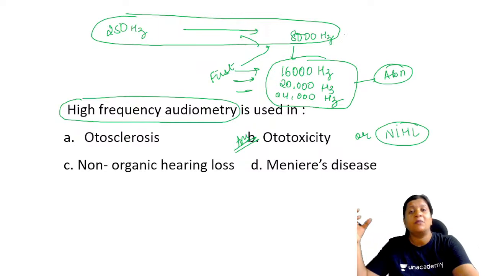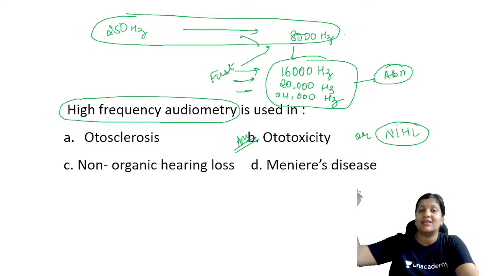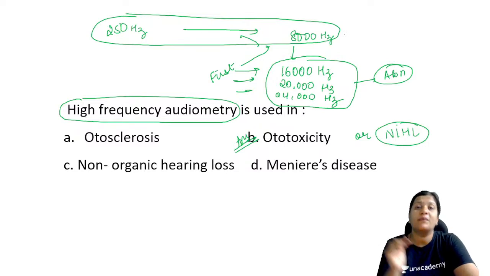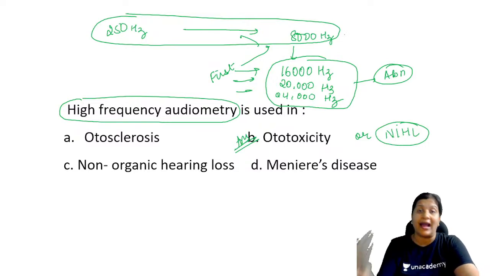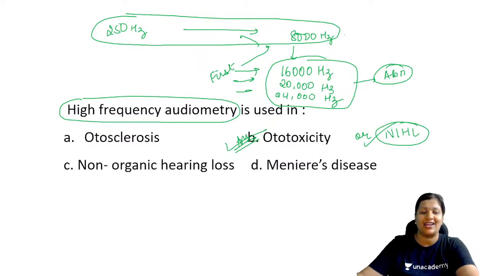So when we know that people are exposed to this loud sound and we know there is a probability of hearing loss, as a part of the occupational screening, we will do this high frequency audiometry and identify if there is any hearing loss that has developed, and if it has developed at the higher frequency, very high likelihood that he is going to have it in the speech frequencies also. So we say to stop the exposure to sound, or if the patient has to go to that occupation, use ear plugs or ear muffs and then go to work in a noisy environment. So these are the two indications where we do a high frequency audiometry. The first one is ototoxicity, the second one is NIHL.